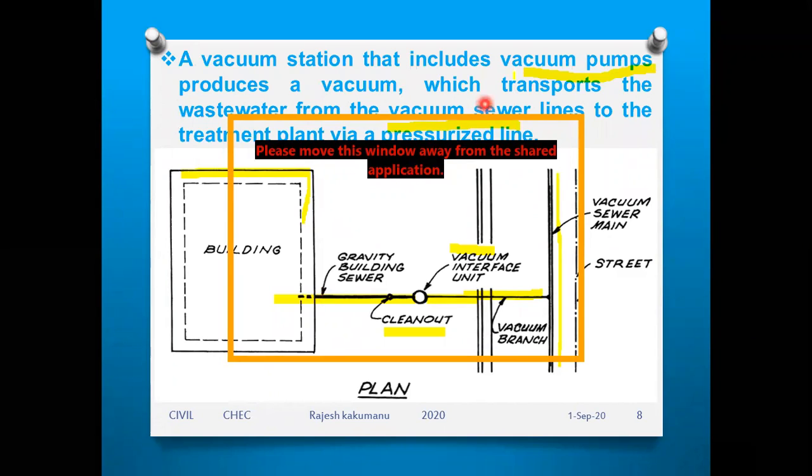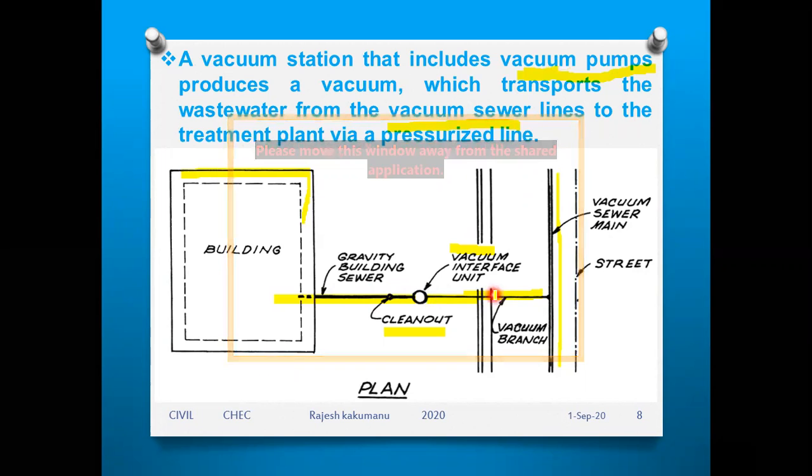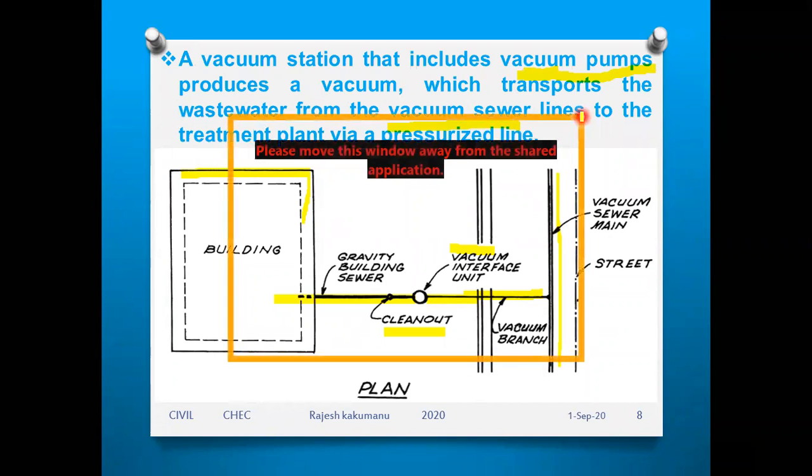From here the vacuum pumps take the wastewater from the vacuum sewer lines to the treatment plant via a pressurized line. So up to here it comes by gravity, then from here the vacuum branch goes into the vacuum sewer main pipeline, then it is transferred to the treatment plant through a pressurized line.